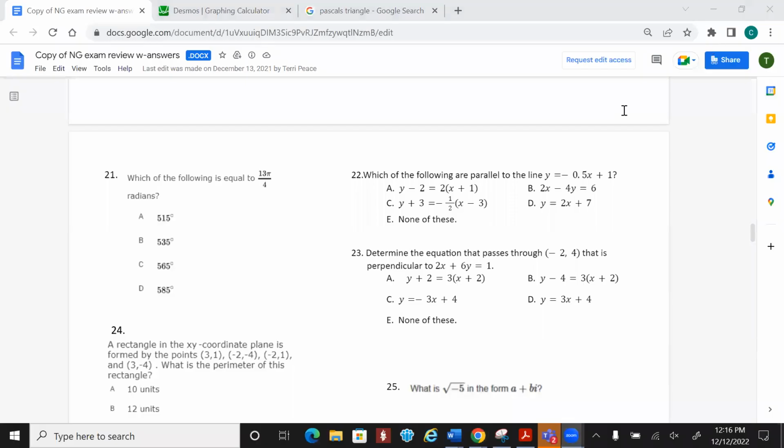So 21, which of the following is equal to 13 pi divided by 4? Okay, so if you want to convert this, you're going to multiply by 180 divided by pi.